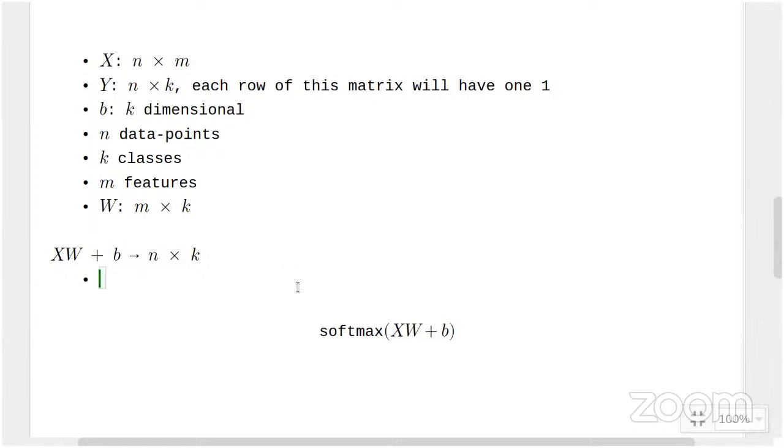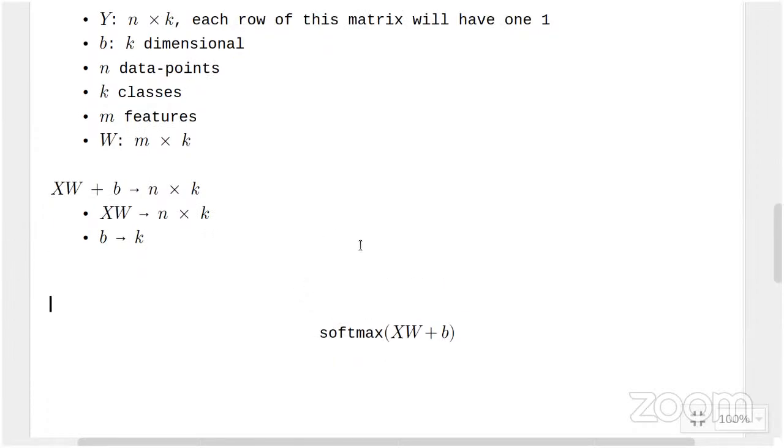XW is n cross K, and B is K. So I'm going to add this K dimensional vector to each row. I'm still adding it for each data point, but that B is of size K.